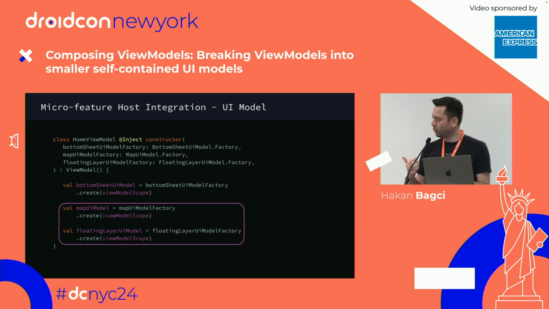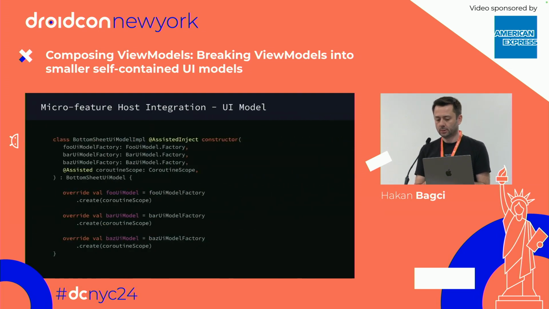I think the picture will be more clear if we go one level down in the hierarchy and see what's inside bottom sheet UI model implementation. So it seems that bottom sheet wants to show 3 UI components as content, 3 micro features, we can also call them that.